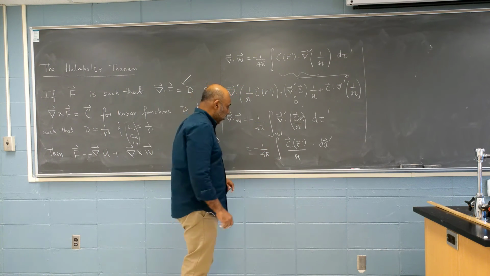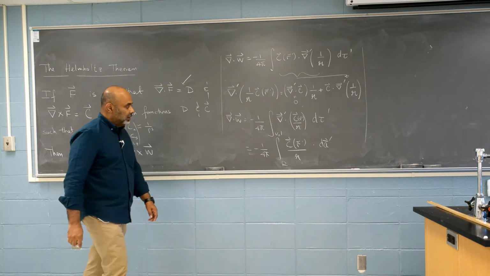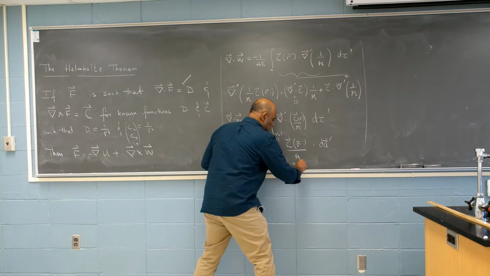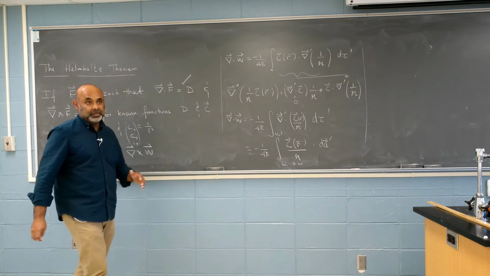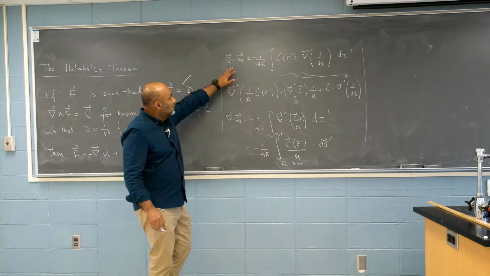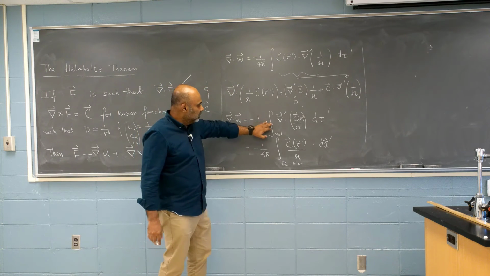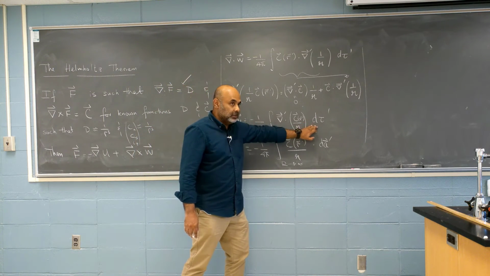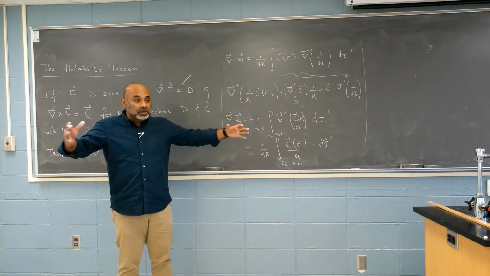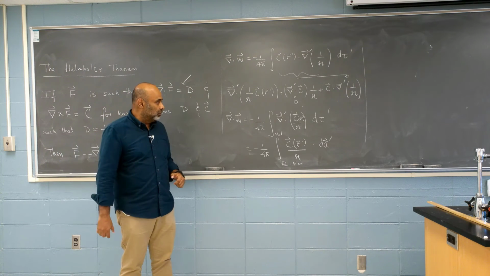What area are we talking about? Well, I'm going to evaluate this over a sphere of radius r, and then I'm going to let r go to infinity. That's what I mean. So I integrate the divergence. This is over all space. Yeah? This integral is over all space. So what we have to do, the way r equals infinity, we cannot just do r equals infinity, we have to do the limit as r approaches infinity.